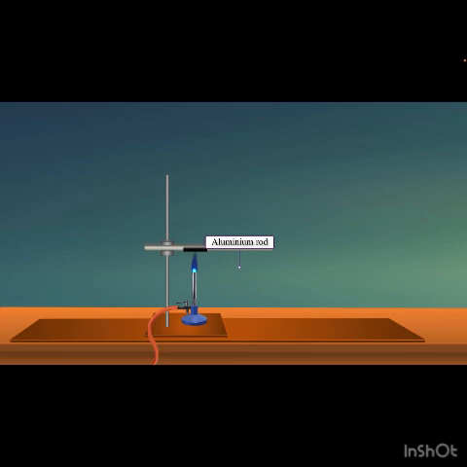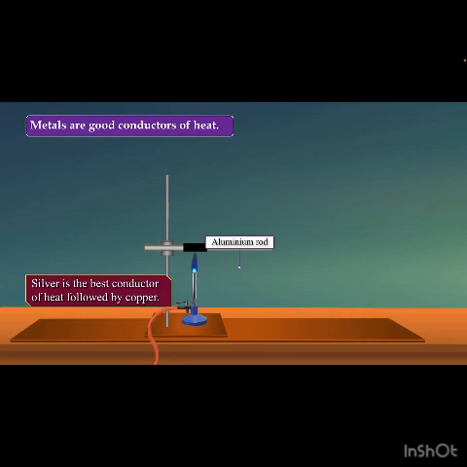Now you can see slowly it is getting heated up. What do you call this property? This property of metal is known as conduction. So all the metals are good conductors of heat. Silver is the best conductor of heat, followed by copper.